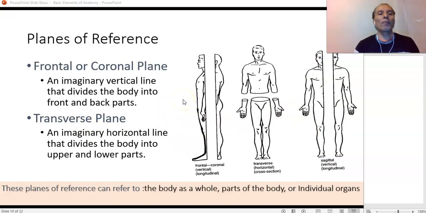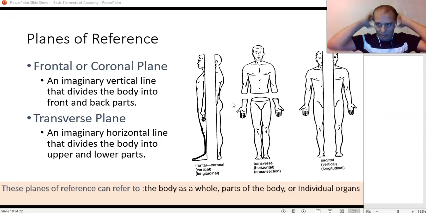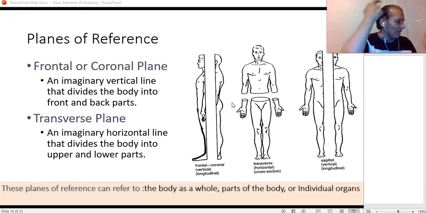Then we have frontal or coronal. Coronal doesn't have to do with the coronavirus. Coronal is basically an imaginary cut that is going to split the body into a front and back. The head, like a crown, there's a line here where two bones meet, and the suture between these two forms kind of the boundary.